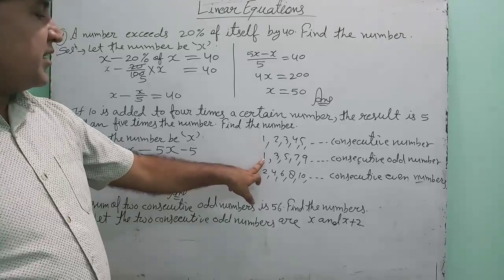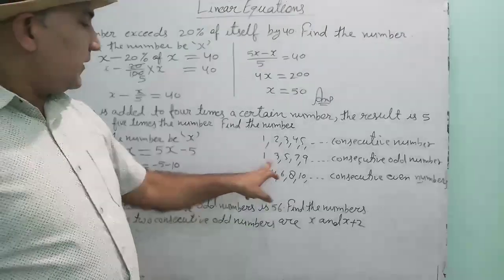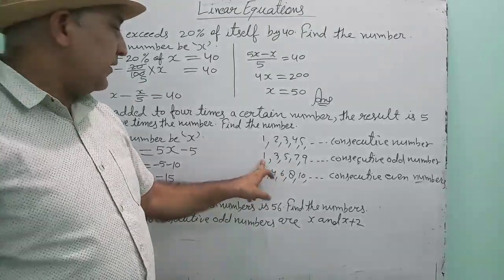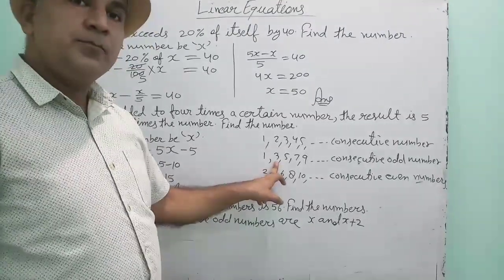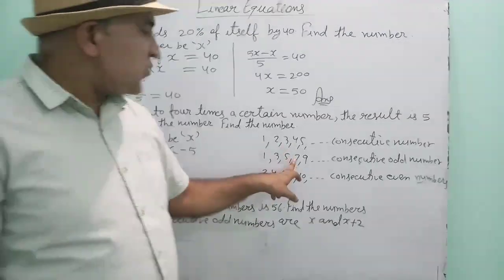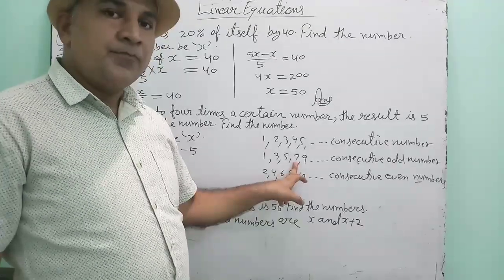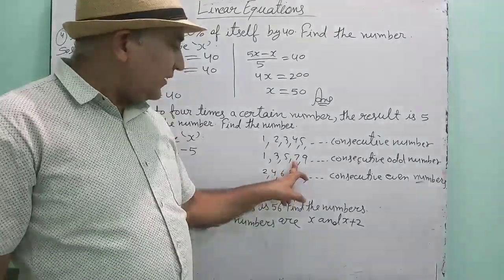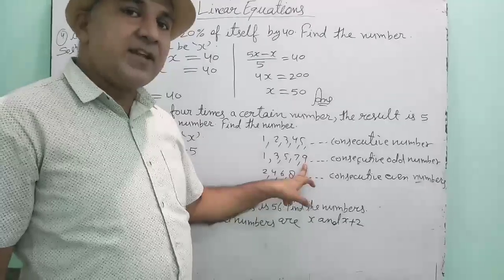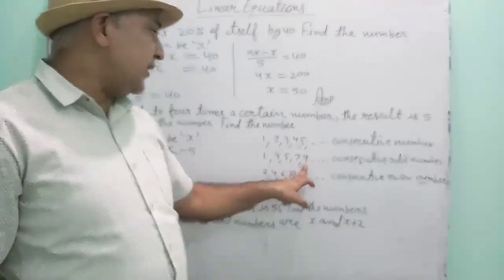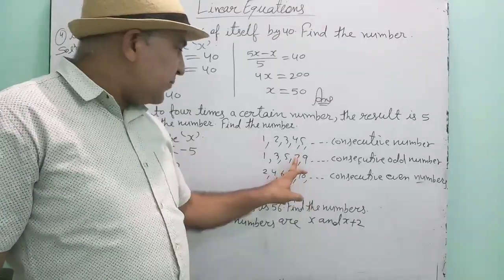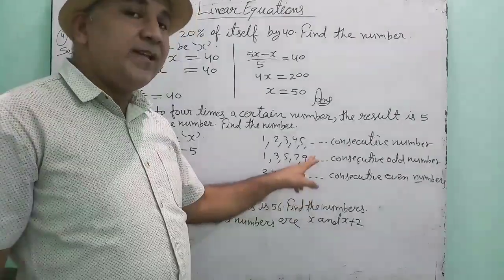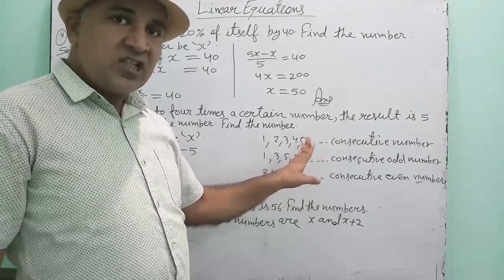Check from here. If the first number is 1, then the second odd number is 1 plus 2, then it will come 3. Are you watching? Suppose the first number is 7. If the first number is 7, then the second odd number will be 7 plus 2. After 7, 9 is the odd number. So if 7 is x, then 9 will be x plus 2. Is this clear?